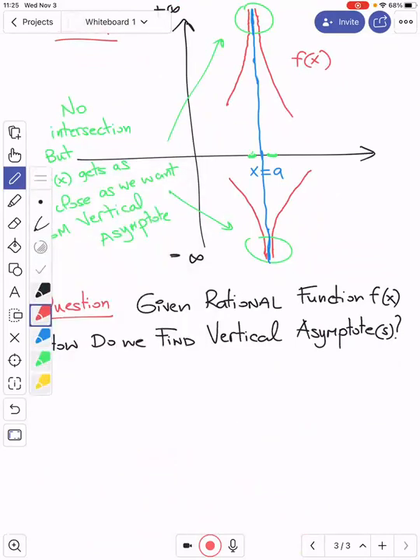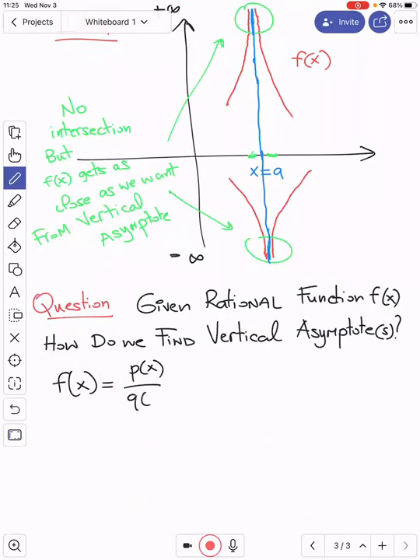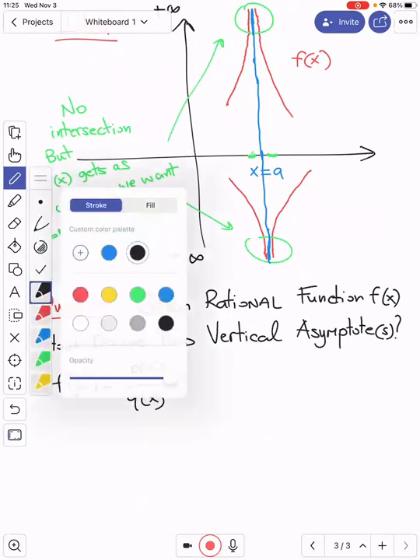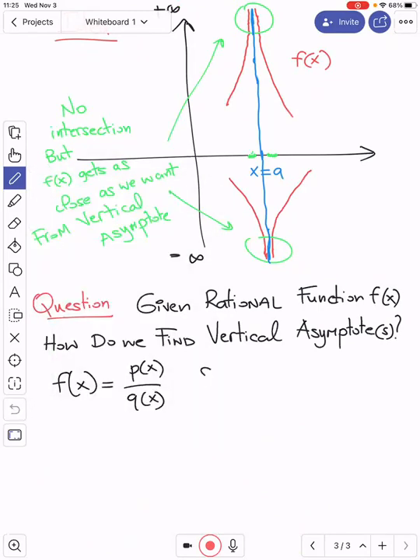So if you have f of x equal to p of x over q of x, all we have to do is solve q of x, the denominator, equal to 0, to find vertical asymptotes.